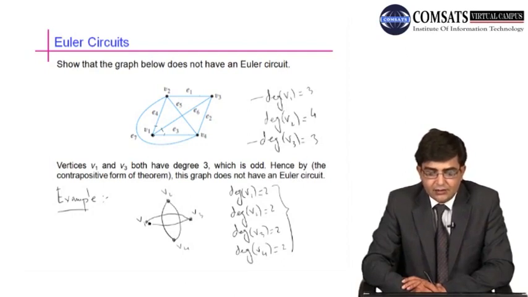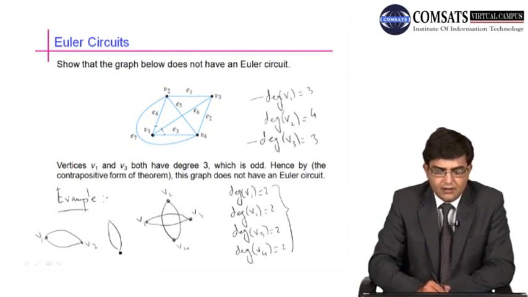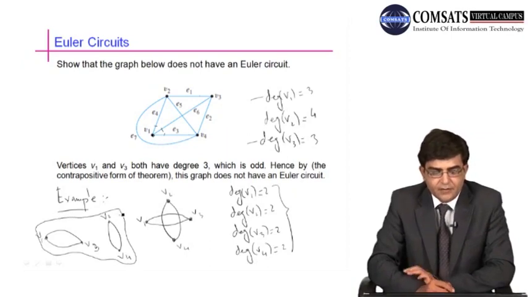But here you can see that this graph is not connected. We can draw this graph separately like this. Here we have v1, here we have v2, and the other part of the graph we can draw here. So here it is v3, here v2, here v4. Actually this graph is not connected.